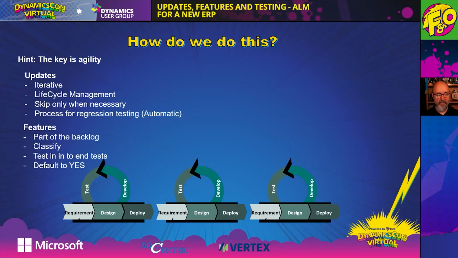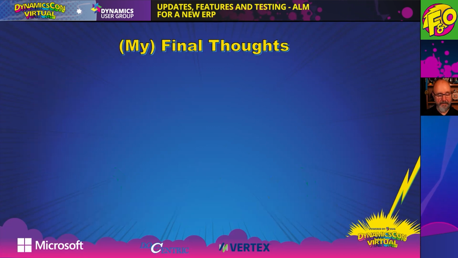Should we install this feature? The default answer should be yes. If we see issues, then we might say no, but the default answer should be yes. And as I said before, test it end to end, because end-to-end process testing makes sure that you can continue to work, and that's the most important part.